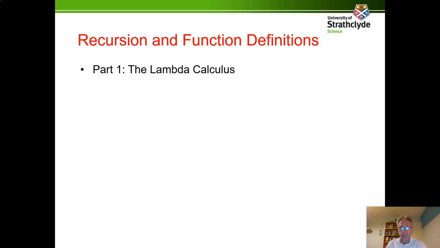First of all, I'm going to show you how we can use a symbolic formalism. In other words, that's a posh way of saying a way of writing down symbols, a symbolic definition of functions, and it's called the lambda calculus. It was invented basically as a way of writing down computable functions.